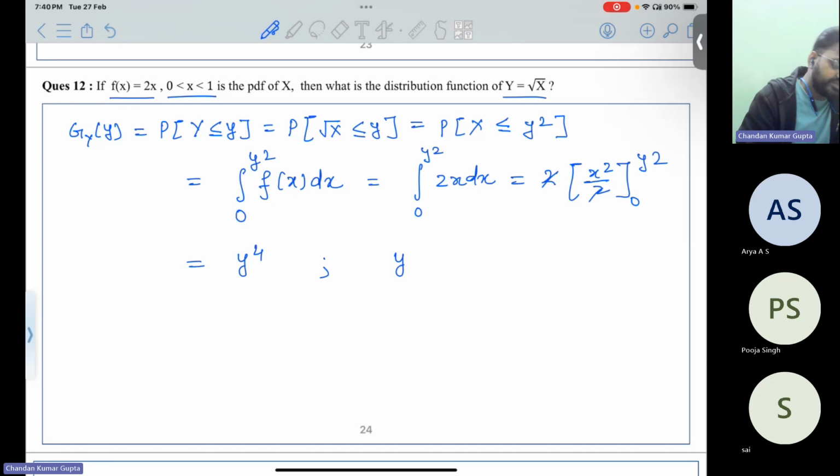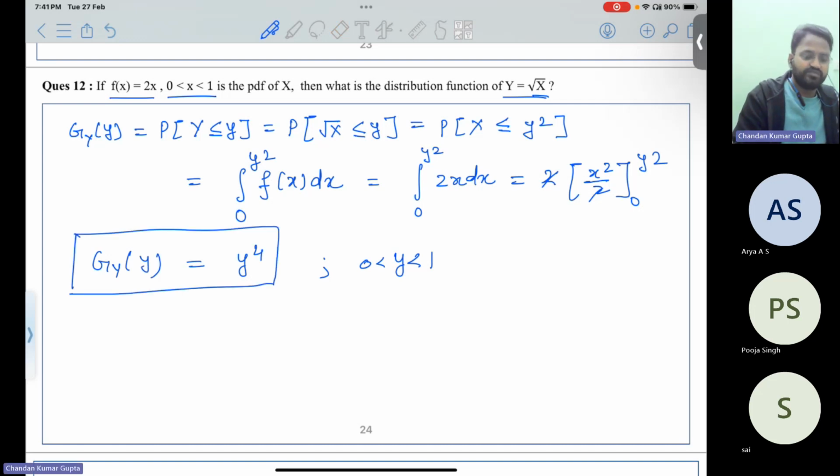And y lies within what? Y lies within 0 to 1 because x lies within 0 to 1.